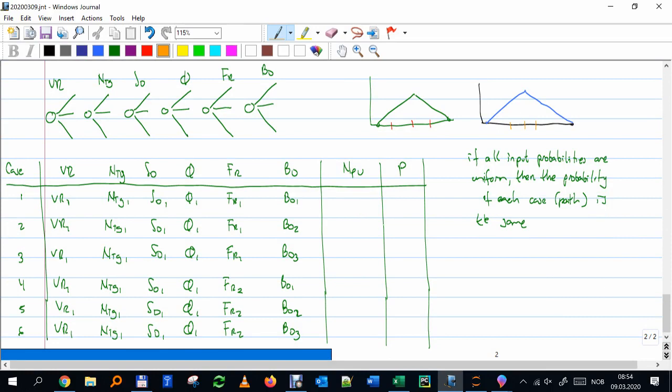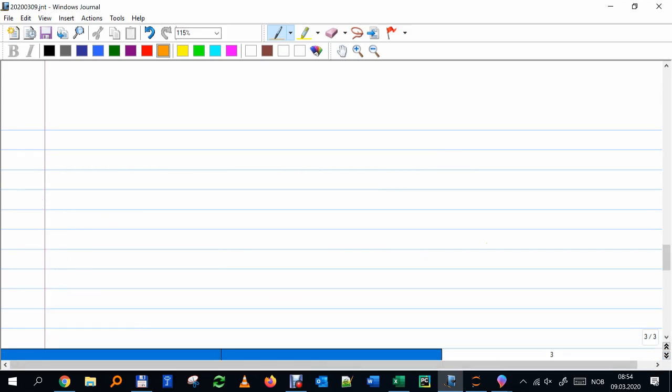Now how do I digest it? Now I have 729 cases. I have NPV and probability. How do I digest that information? Remember, before, when we did our Monte Carlo with 1,000 iterations, what we found for NPV was this thing, with Monte Carlo or Latin Hypercube Sampling.